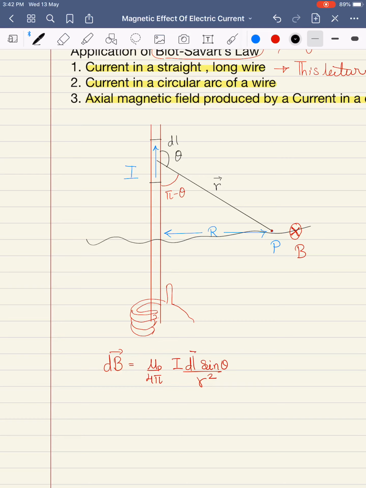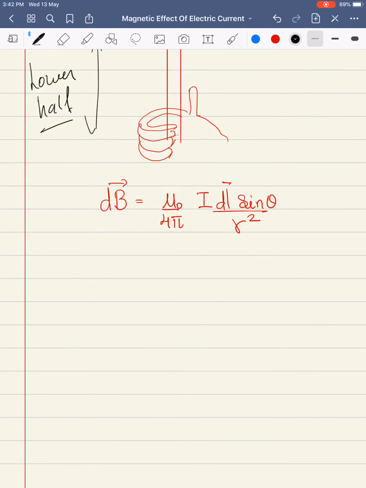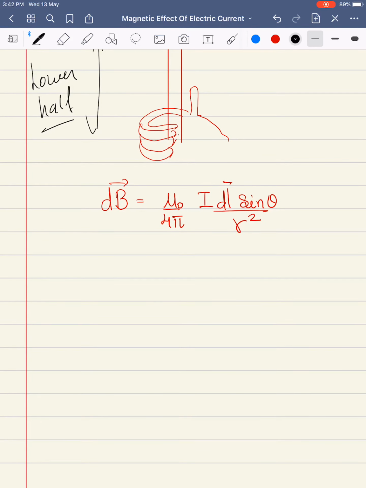The length of the conductor is infinity, but if I find the magnetic field because of the upper half of the length, by symmetry the lower half will also remain the same. So the total magnetic field because of the long wire, we can say it as twice the integral from 0 to infinity.